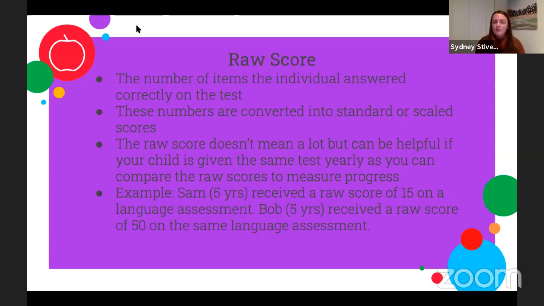So if we go back to our friends Sam and Bob, we took Sam's raw score of 15 and we converted it into the standard score of 62. Whenever we give a test, we have test booklets that help us do this. So his standard score is 62, and then Bob's raw score of 50 was converted to a standard score of 115.